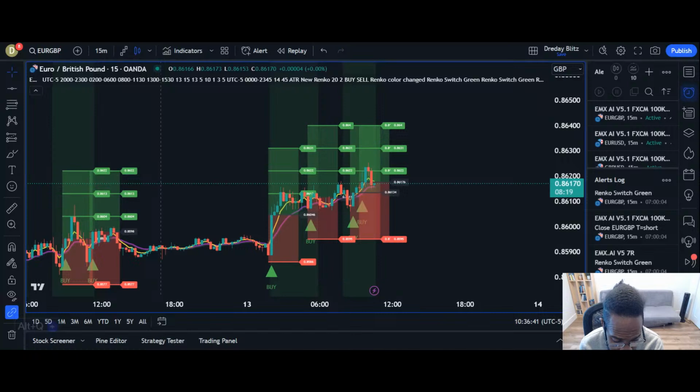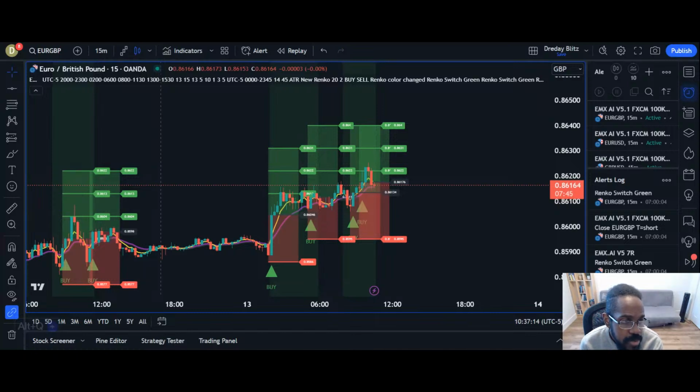So in regards to Euro GBP, I would expect a reversal going down, and for GBP USD going up, GCAD going up, and so on and so forth. So if GBP is the first currency of that pair, I'm just looking for that pair to go up. If GBP is at the end of that pair, that currency should be going down.